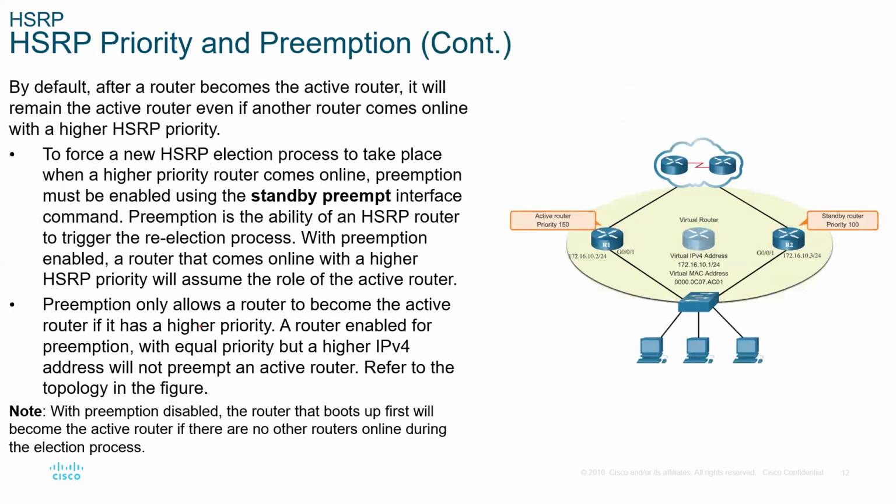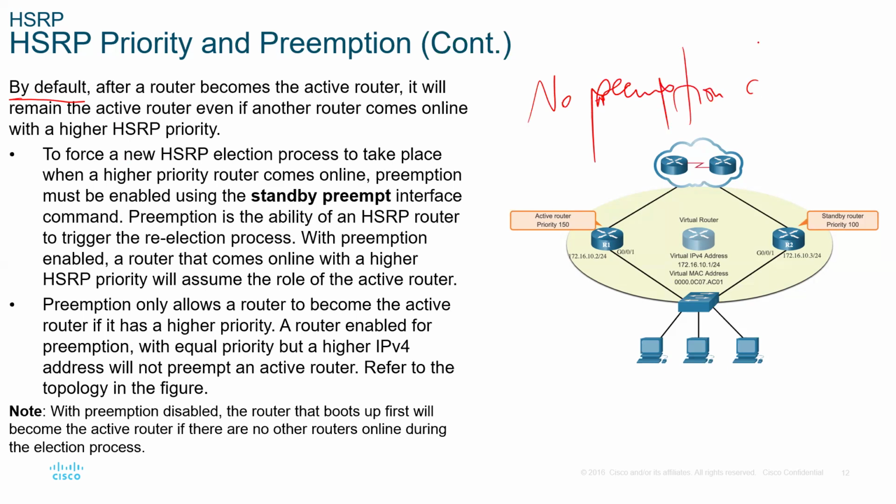Preemption continued. By default, after a router becomes active, it will remain the active router even if another router comes online with a higher priority. All right, this is default. By default here means no preemption.